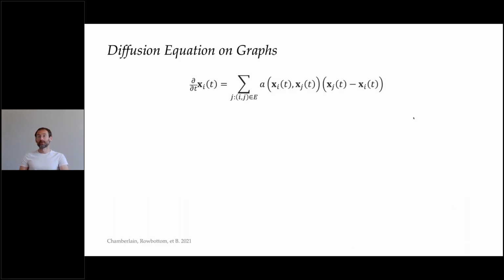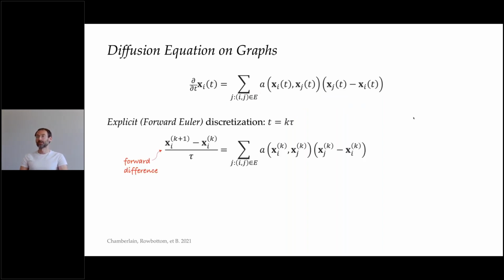So we can apply similar ideas to graphs, and this is how the diffusion equation will look on the graph. We have the analogy of the gradient operator on the graph, which just takes the difference between features at the 2 endpoints of an edge. This is the diffusivity function that looks like an attention function, and in fact we will recover attention-type graph neural networks from this equation. And this is the divergence that aggregates all the information from the edges that emanate from the node.